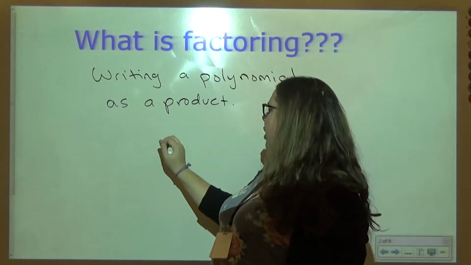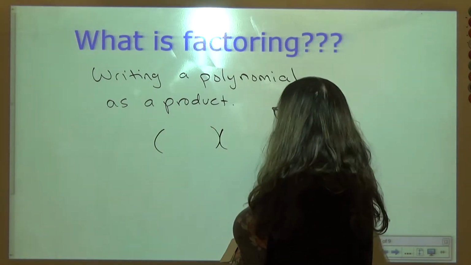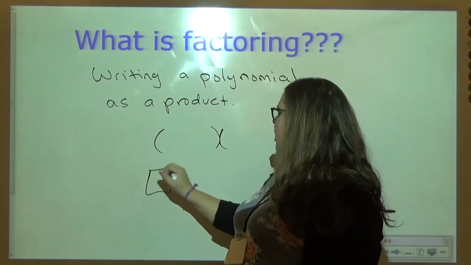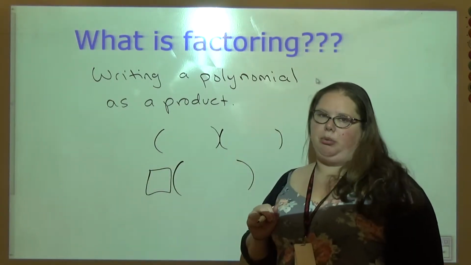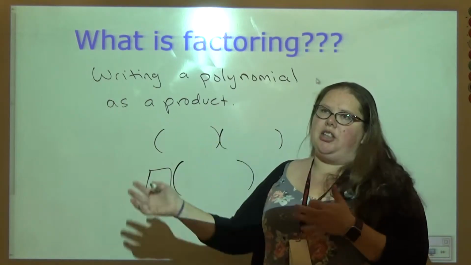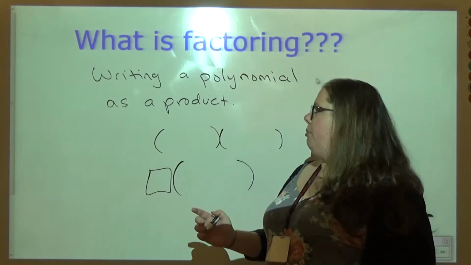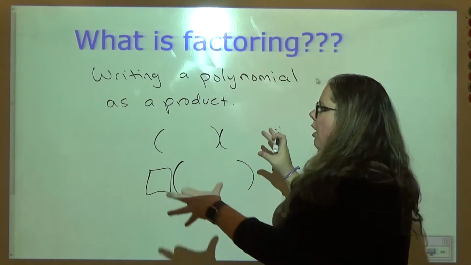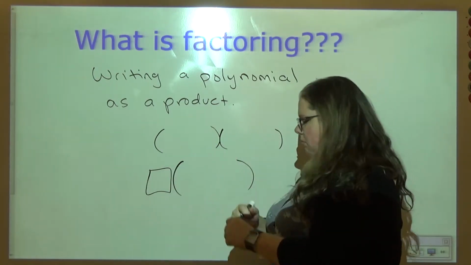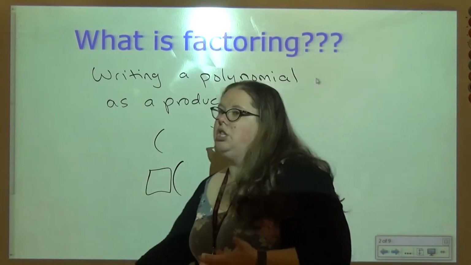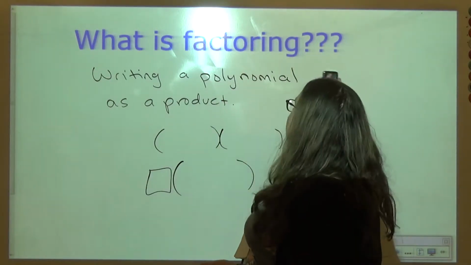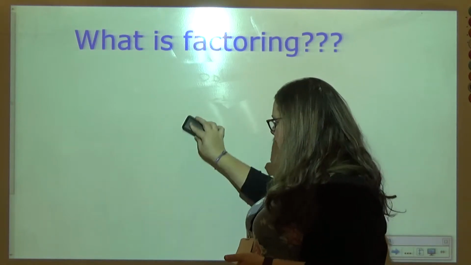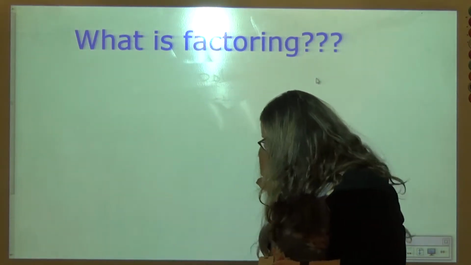So it's stuff where we're multiplying like that, or we have something times something with a distributive property. Another way of thinking about it is reverse distributive property. We learned to distribute, now we're learning to write it as a product. It's important to know what those directions are, because when we're factoring, it's very vague. You need to know what the teacher or the problem is asking.